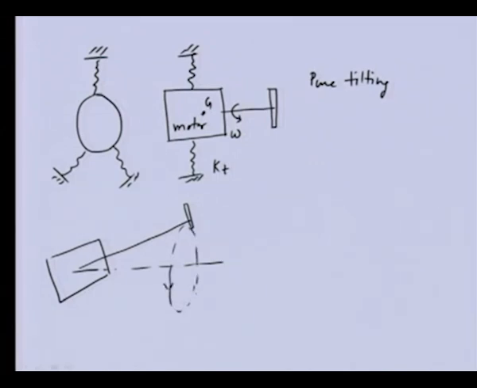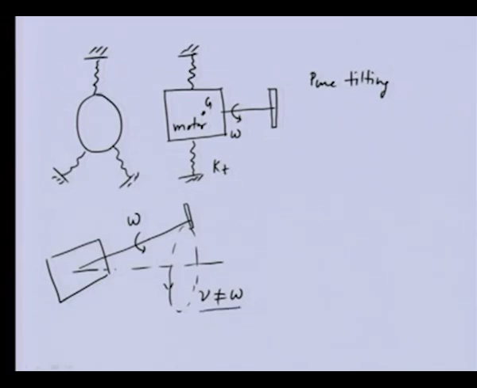The whirling frequency is nu, which is not equal to omega, the spin speed. We can expect that the shaft and the disc are rotating at a relatively high speed, but whirling will be taking place slowly. It will not be that fast. That is why these two are not the same.